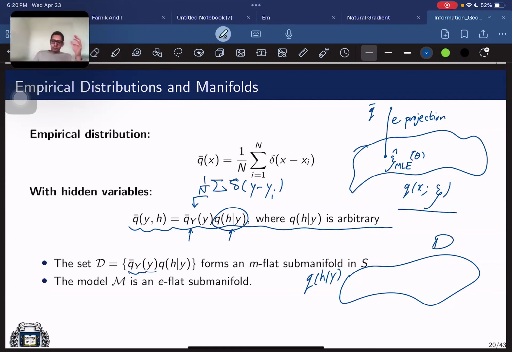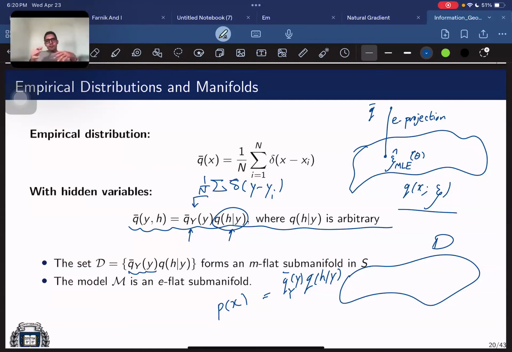Then by multiplying it by the marginal distribution we already have, since we observed the y's, you have the same distribution over X. This is your data manifold.